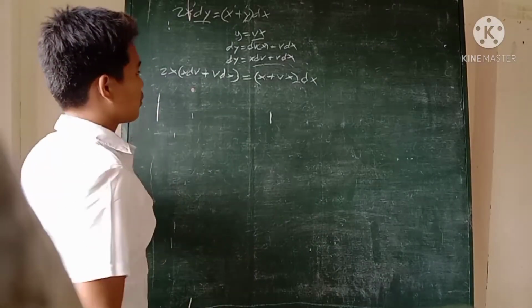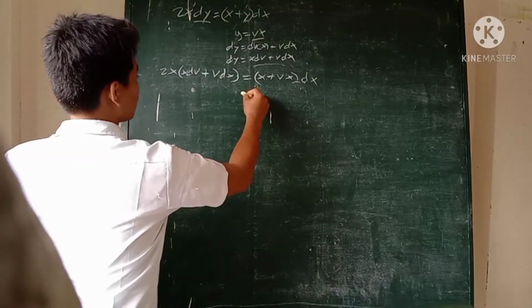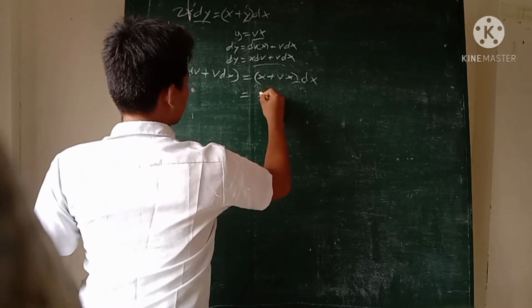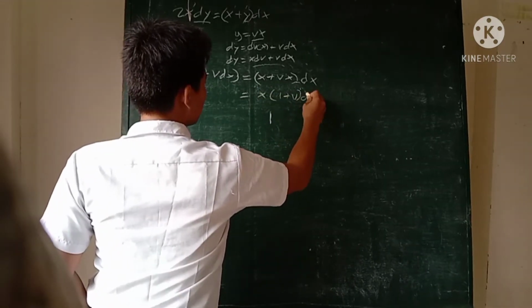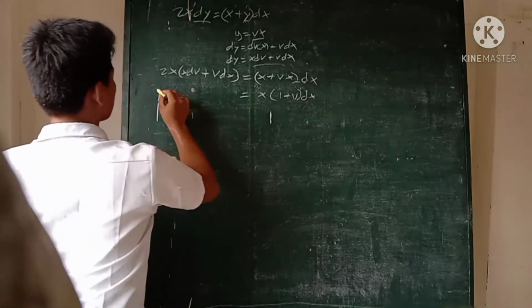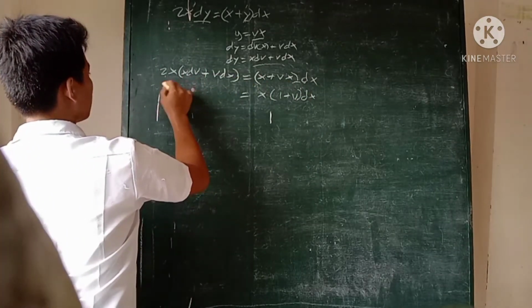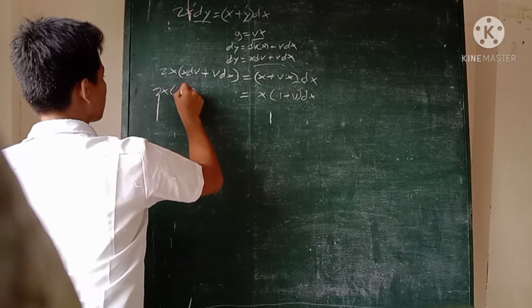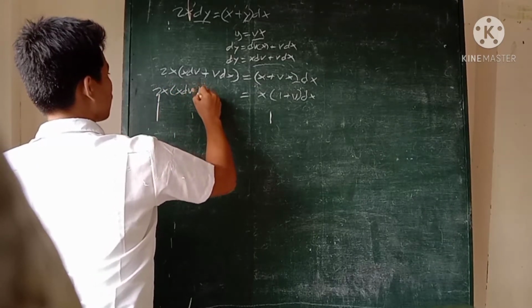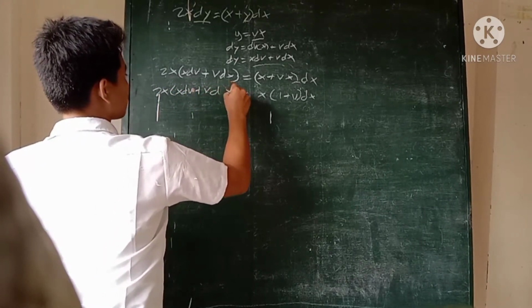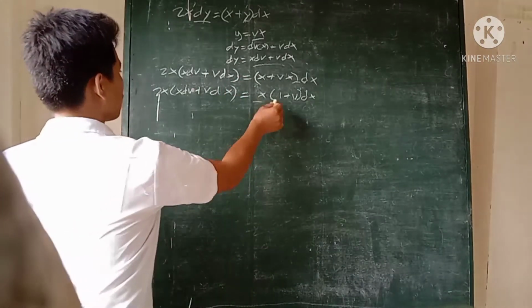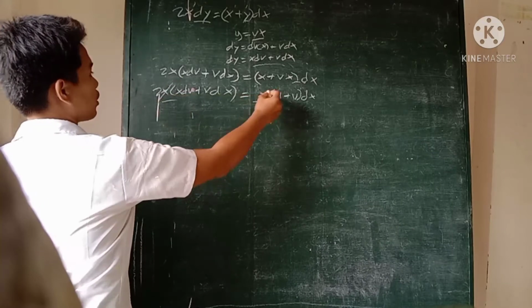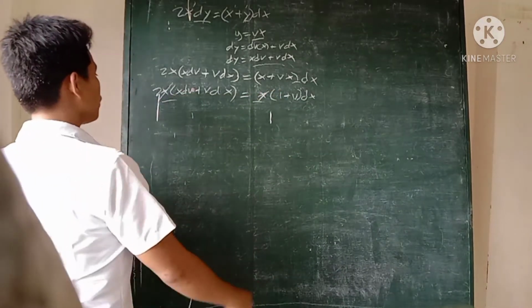Then factor out the x, x plus vx dx, this is x times 1 plus v dx. And this is the left remaining. Copy this one, 2x times x dv plus v dx. So since they are the same variable x, cancel it out. So the remaining is 2.